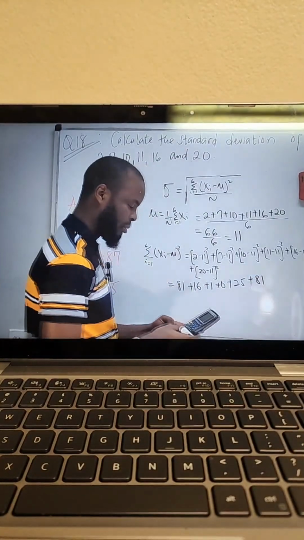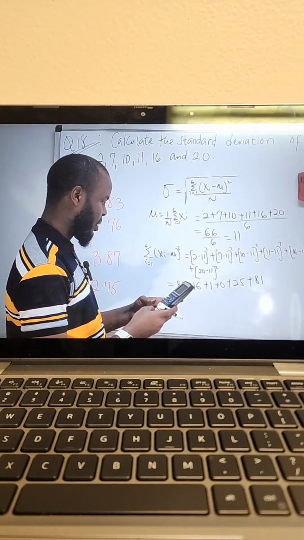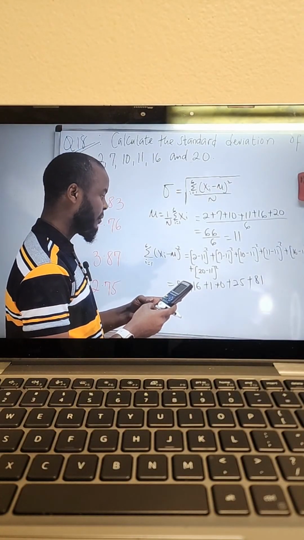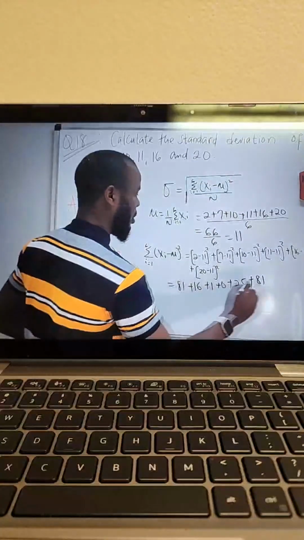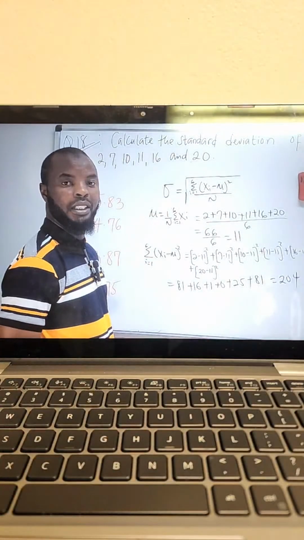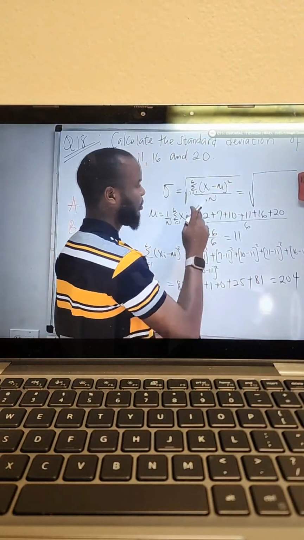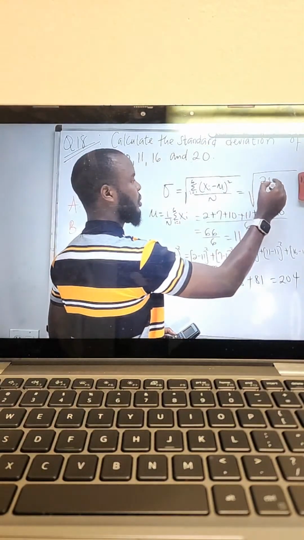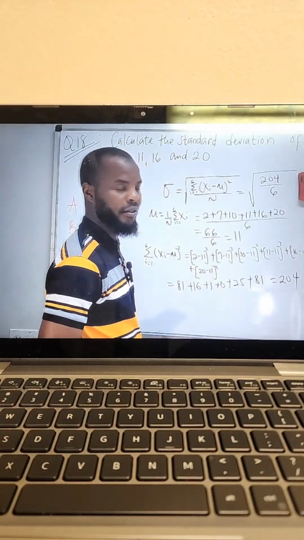Now, using my calculator, I'm going to add everything together. 81 plus 16 plus 1 plus 25 plus 81 gives 204. Now, if you plug that value into this equation, the numerator is 204 divided by 6.